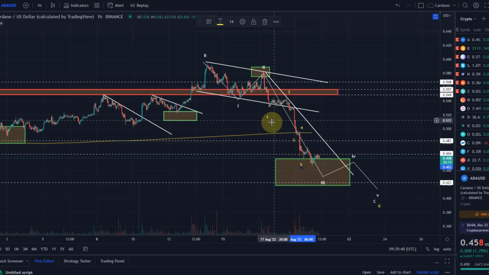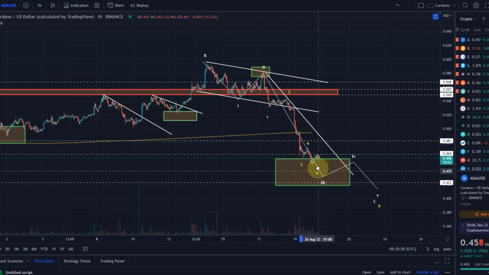No, but these are only the subwaves. So 1, 2. Now that doesn't work out from the proportions. If we look at this, this would be a 1, 2, 3, 4, 5. No, so this would be the wave 3 in yellow here. Then we had the wave 4 in yellow, the wave 5 down.